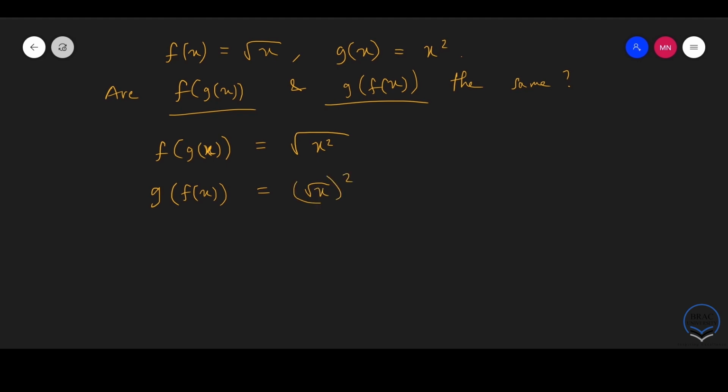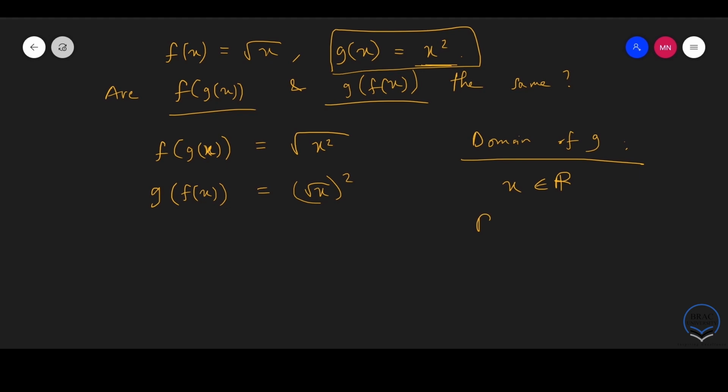Now we can find the domain of g from this given function. For the domain of g, we can see that it can be the set of all real numbers: x is an element of the set of all real numbers. We can have a negative number or a positive number.